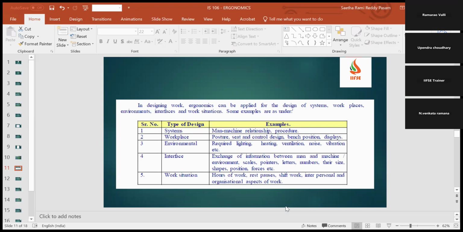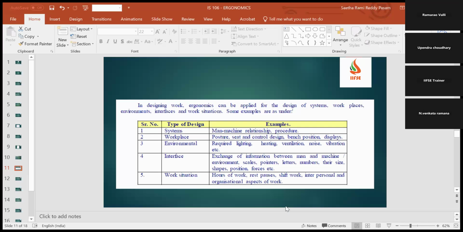For example, meters or gauges exposed in the external environment, especially in winter, we can't read the readings unless we apply a light or something. Then work situations like hours of work, rest pauses, shift work, and interpersonal and organizational aspects of work. These things also we need to cover.